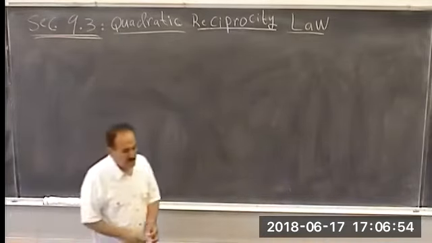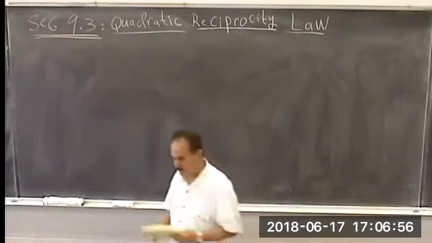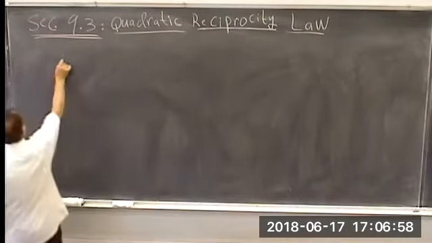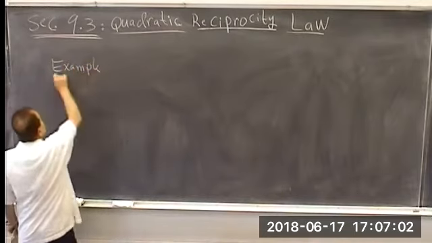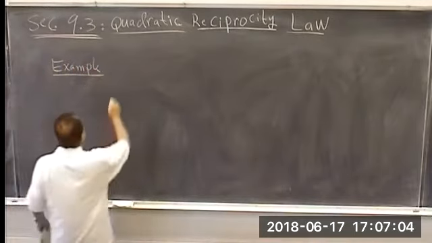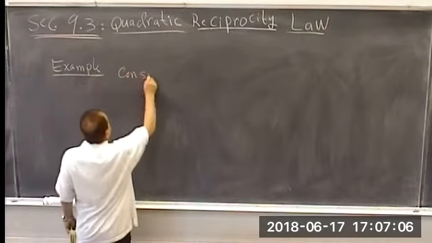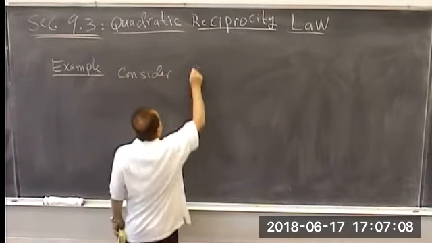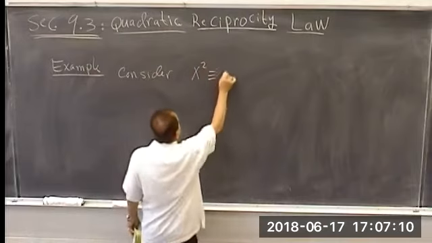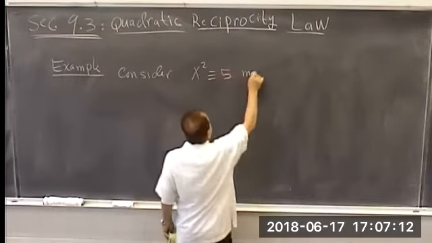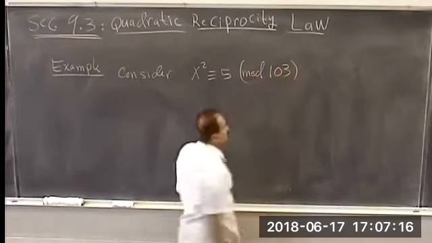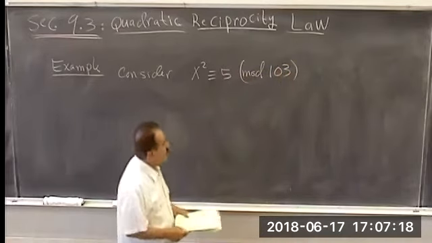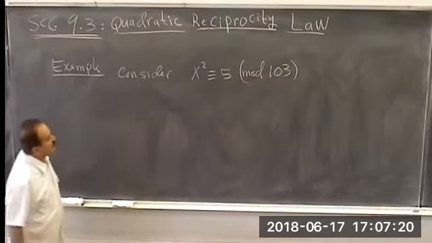Again, this is a very simple example, meaning the values are not going to be very big. So here's an example. So let's consider this. And again, this is a reduced quadratic.